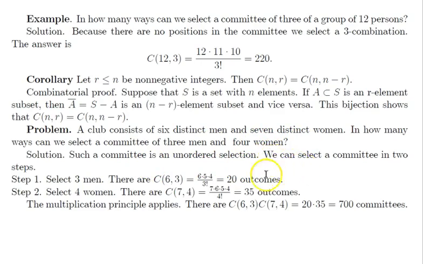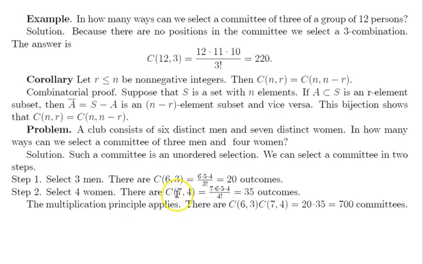We can select a committee of this kind, the kind described in the problem, in 2 steps. Step 1, select 3 men. There are 6 men available, an unordered selection of 3, so it is 6 choose 3, apply the formula, you get 20 outcomes. After that, perform step 2, select 4 women.